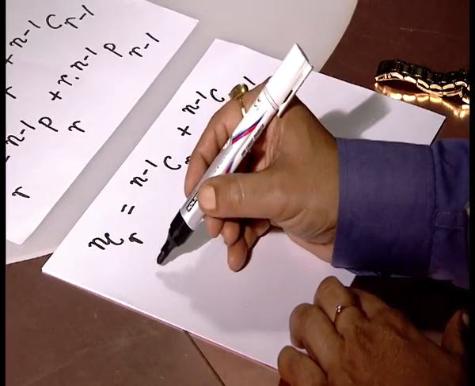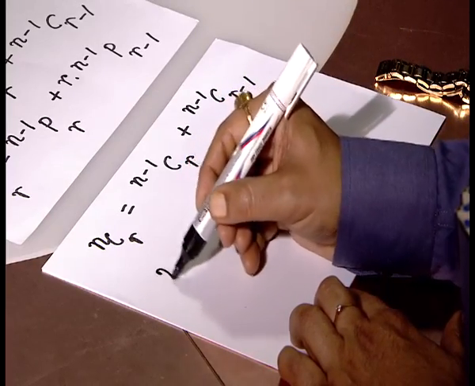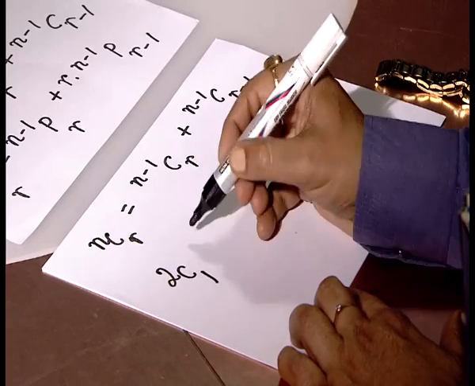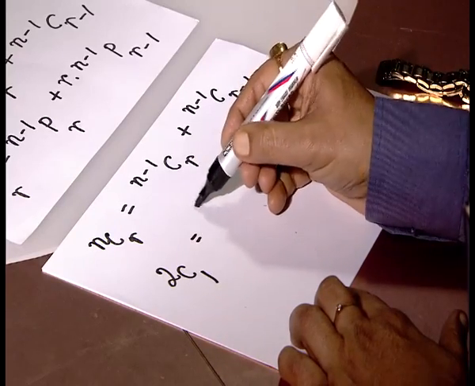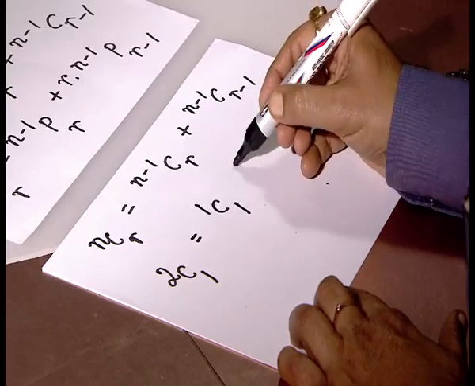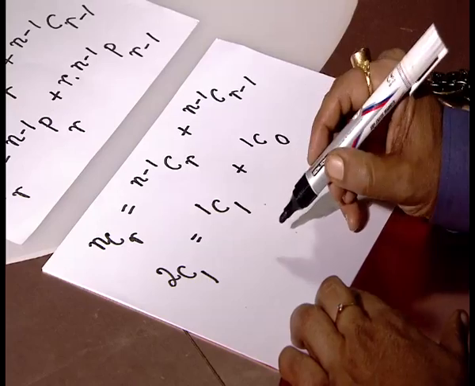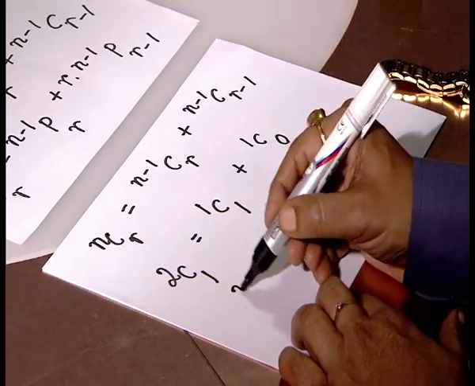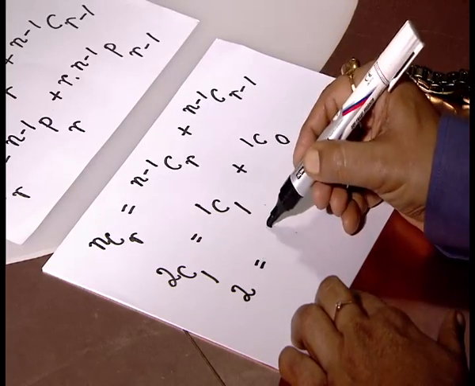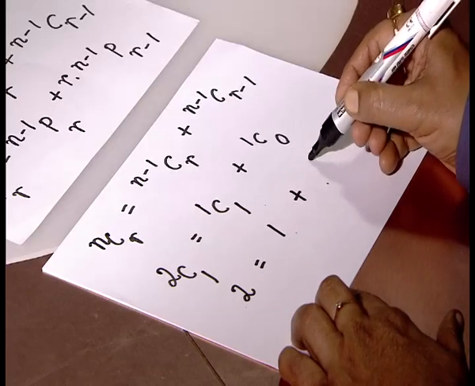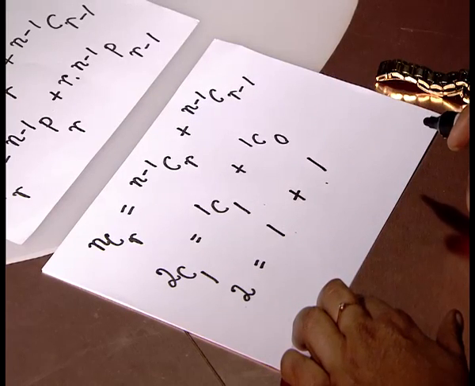If n is equal to 2 and r is equal to 1, you get 2 C1 is equal to 1 C1 plus 1 C0. So, in effect, you have written 2 C1 is 2, 1 C1 is 1, 1 C0 is 1, so 2 is equal to 1 plus 1.